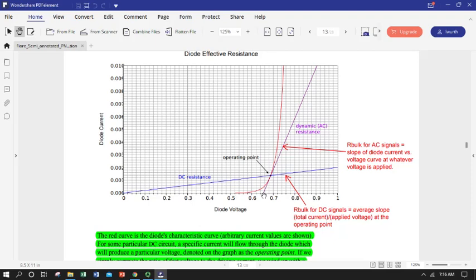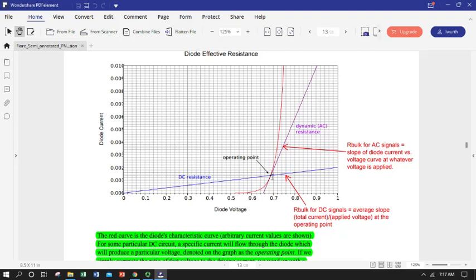So let's take a look at a plot of real diode current versus diode voltage. The red plot shows that exponent relationship, that's the real behavior of the diode. So the problem with defining an R bulk is that resistance is, of course, the ratio of voltage to current, right? V equals IR. Ohm's law always applies.